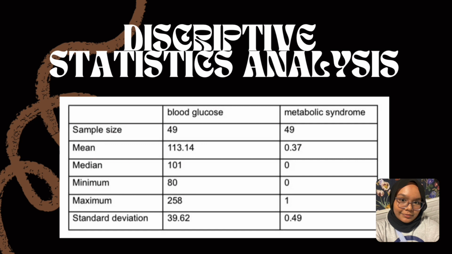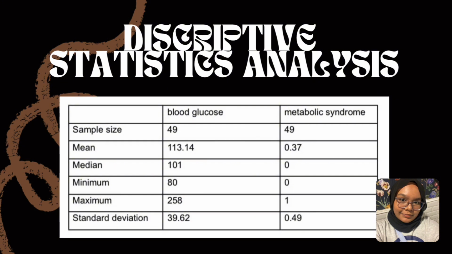Based on this table, the average level of blood glucose is 113.14 and the average metabolic syndrome is 0.37, with a sample size of 49. The middle value of blood glucose is 101 while metabolic syndrome is 0.